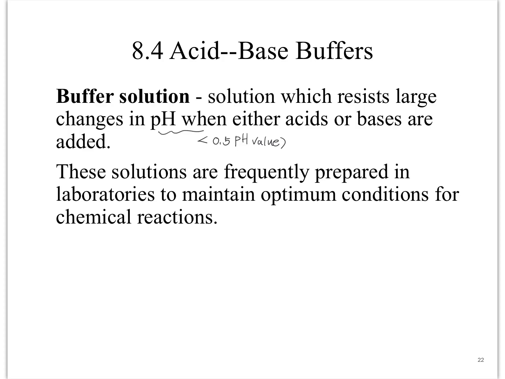For example, the physiological pH value for our body is 7.4. So the pH of the blood is 7.4. That is a heavily buffered solution. So if the pH of the blood drops below 7.35, that is very problematic.